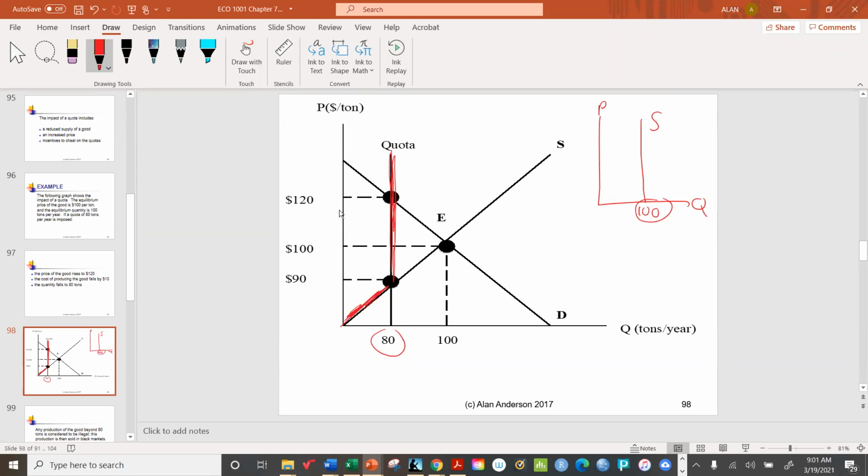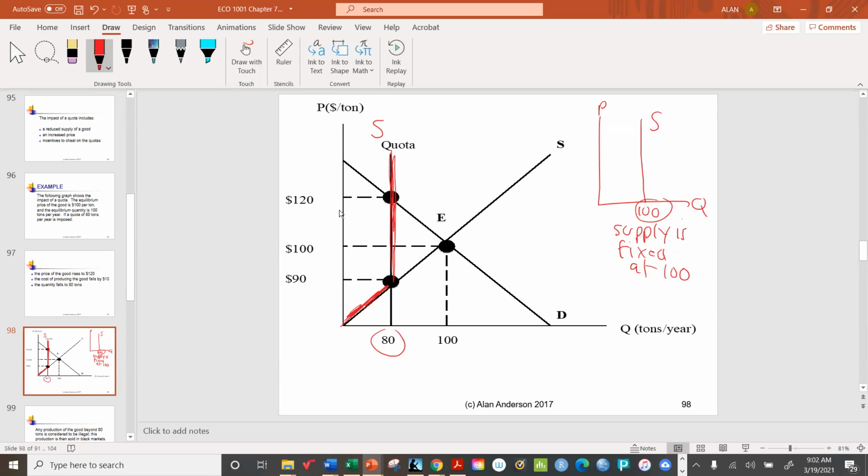So we saw one of these earlier where the supply was fixed at 100 units. So it's the same idea. The vertical portion of this curve means that from that point on, the supply cannot change. So up to this point, up to 80, we have a normal supply curve, and then it becomes vertical. So this becomes the new supply curve.